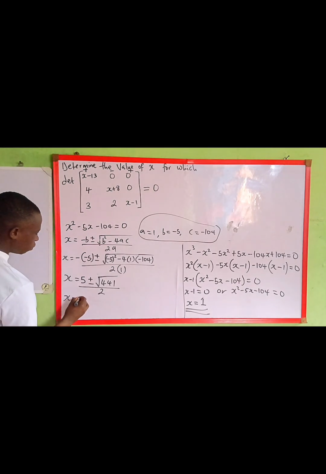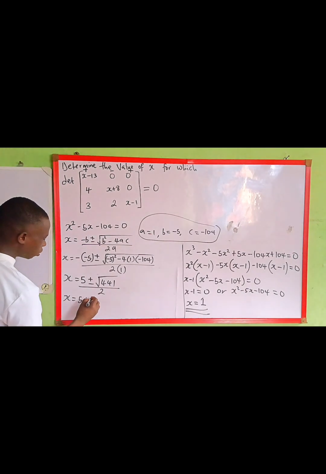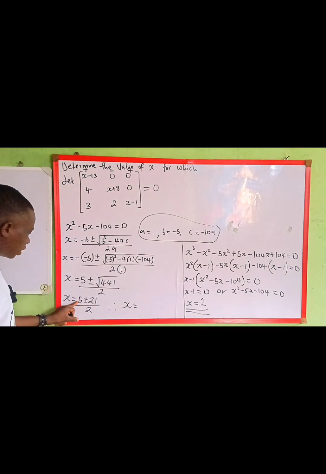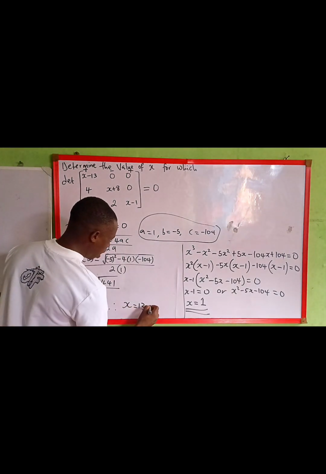So x will now be equal to 5 plus or minus the square root of 441, which is a perfect square. So we're going to have 21 over 2. So therefore, x will now be equal to, we take the positive and the negative. 5 plus 21 is going to give us 26. Then 26 divided by 2 is going to give us 13.